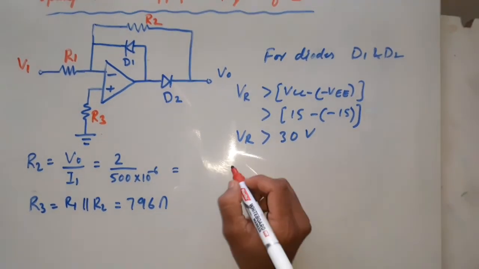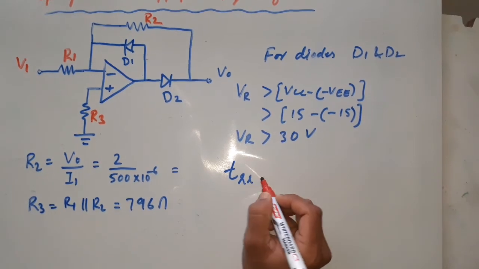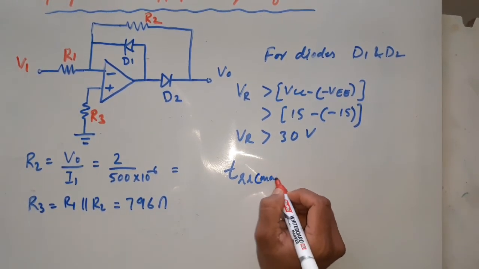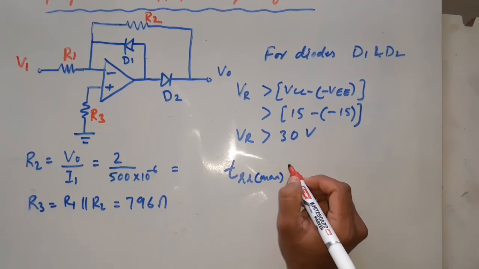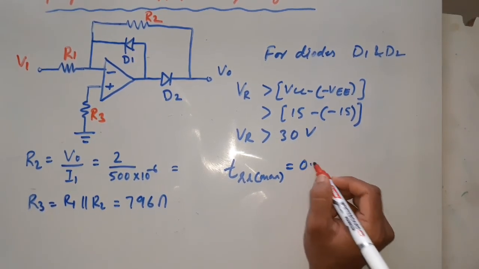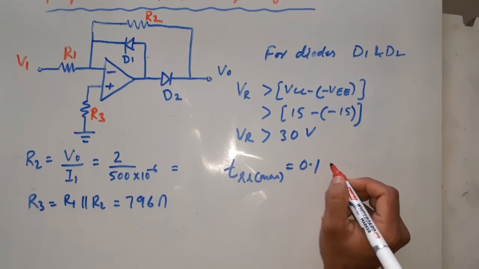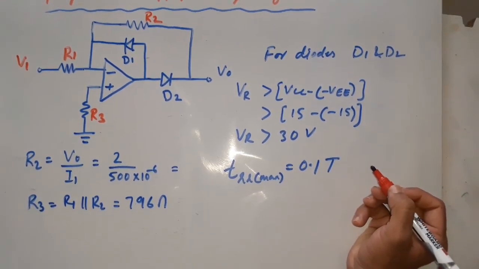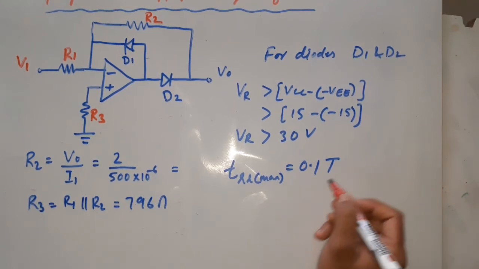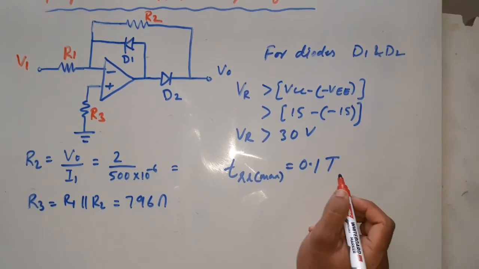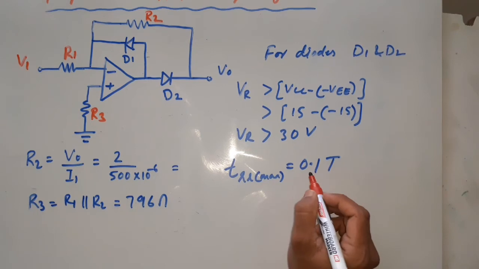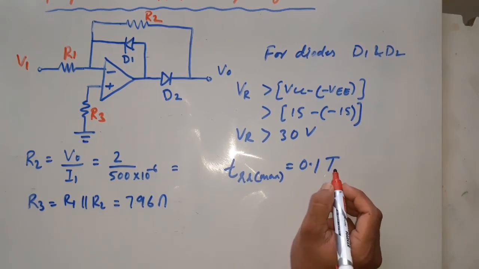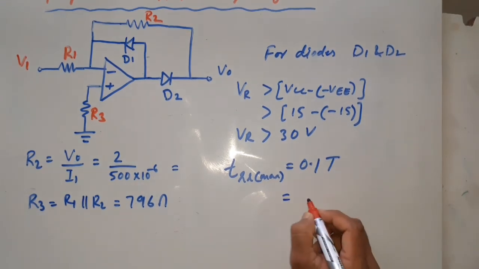Next, to find TRR, the reverse recovery time, this should be taken as very less than the total time period T. For taking it very less, we take 1/10 of the time period, so we take 0.1 of T. T is not given to us, but F is given to us, right?